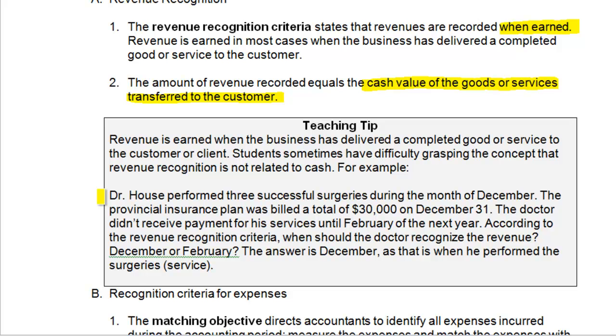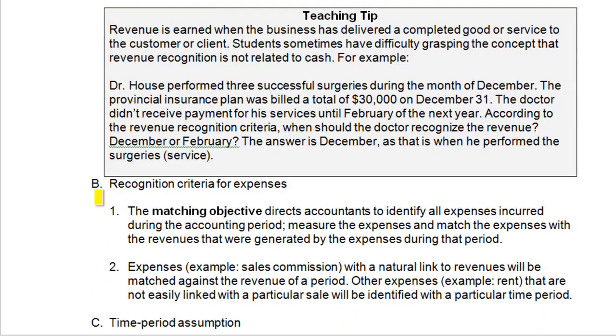Obviously, it's an American textbook, so you see the billing happening and so on as per. But we won't fuss too much with that. Now, looking at recognition for expenses, we have the matching objective, which basically states that all the expenses that we incur should be recorded in the accounting period where they were incurred in order to generate revenue.